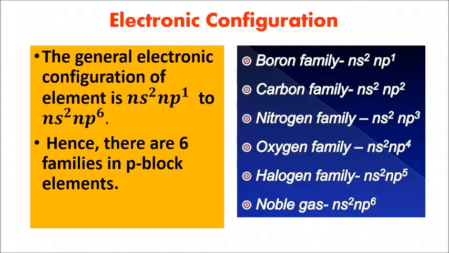And the electronic configuration of each family is mentioned here: ns2np1 for boron family, ns2np2 for carbon family, ns2np3 for nitrogen family, ns2np4 for oxygen family, ns2np5 for halogen family, and ns2np6 for noble gases. So this is about the electronic configuration of p block elements.